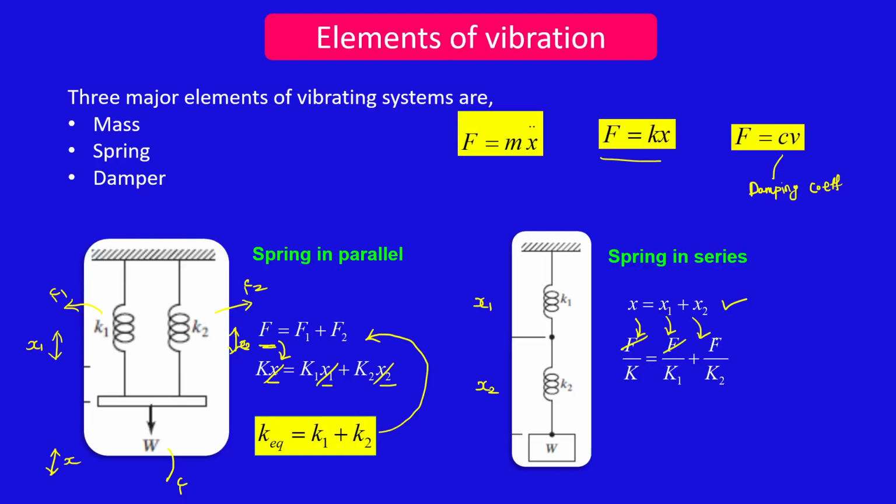The force I can cancel. 1 by K equivalent equals 1 by K1 plus 1 by K2. So this is for two springs connected in series, whereas the other is for two springs connected in parallel. If two springs are connected in parallel, K equivalent equals K1 plus K2. If two springs are connected in series, then 1 by K equals 1 by K1 plus 1 by K2. While solving problems, we use these formulas.